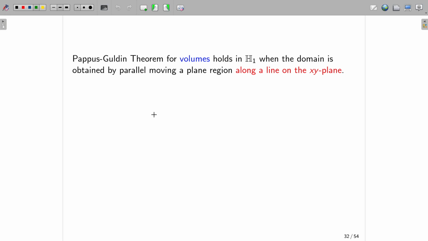Next, we ask whether the Pappus theorem for volumes holds in H1 when the domain is obtained by parallel moving a plane region along a line on the xy plane. The reason is that, as we mentioned in the previous slides, when the plane is perpendicular to the xy plane, the P-area is equal to the Euclidean R2 area. So the R3 Pappus-Guldin theorem for volumes can be completely applied in this case, because they are the same.